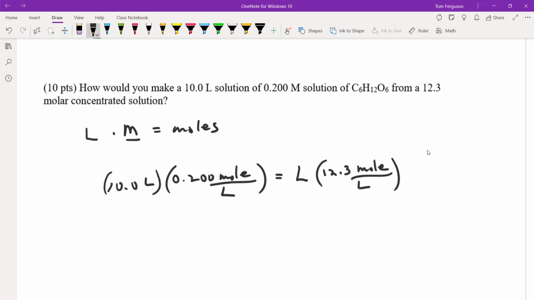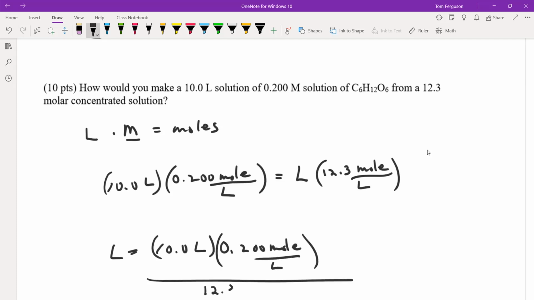We need to solve for liters. So we want 0.163 liters of the concentrated stuff.